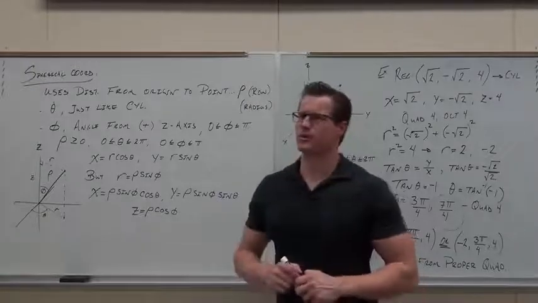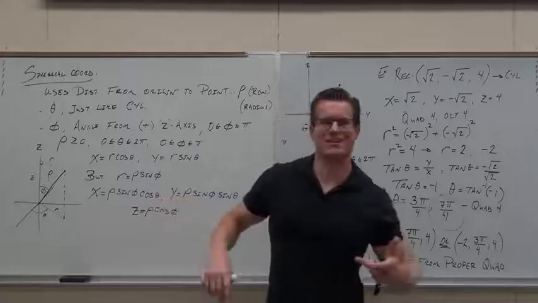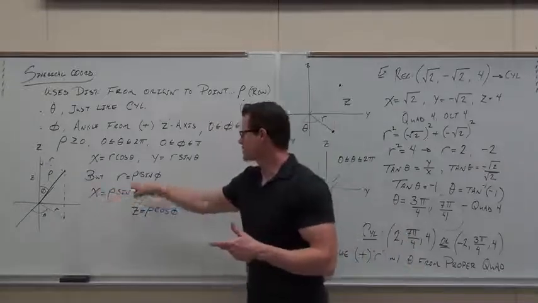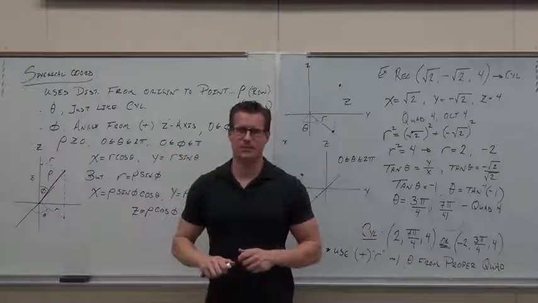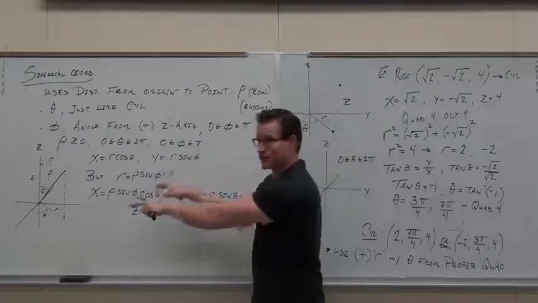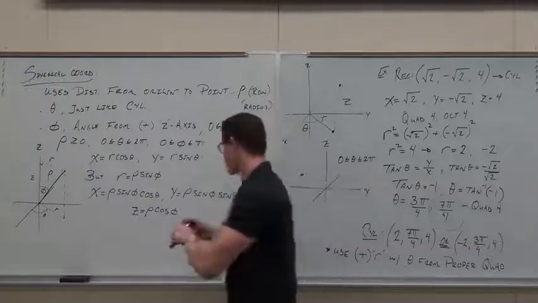I want to know if you're okay with those ones. Are you? Now, how would you use it? Would you go from rectangular to spherical or from spherical to rectangular here? You plug in all the spherical stuff, it's going to give you x's, y's, and z's. This is how you go from spherical to rectangular.